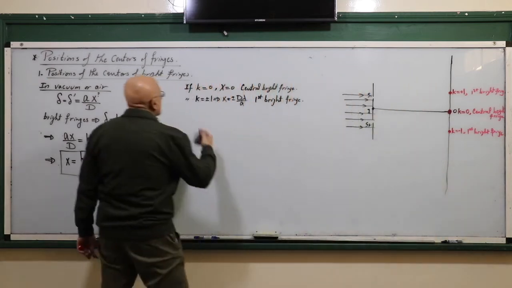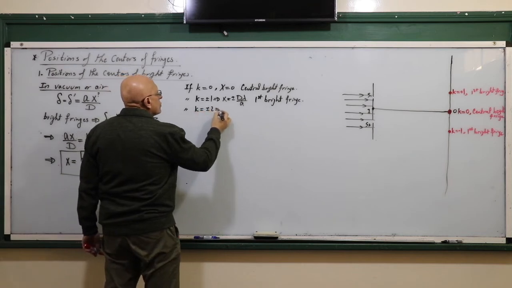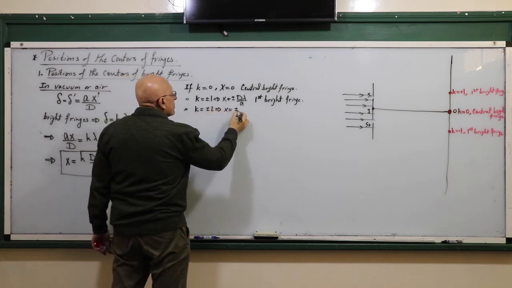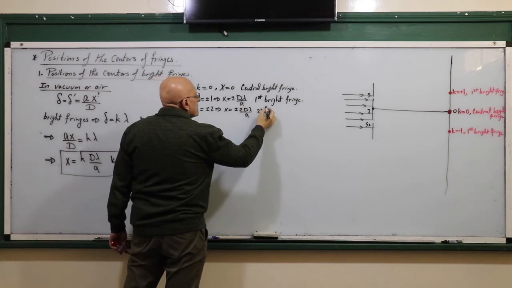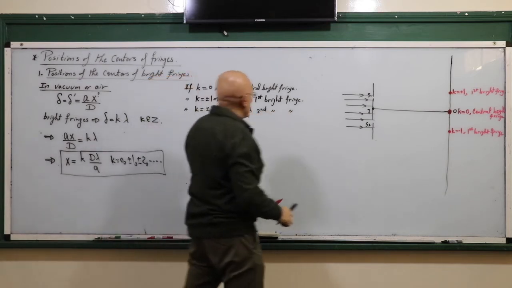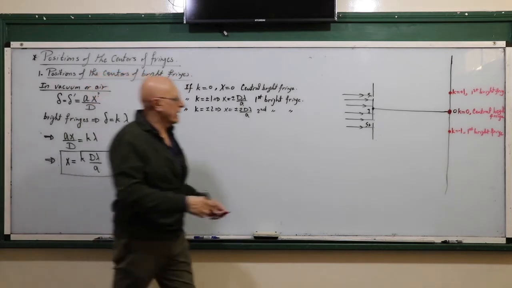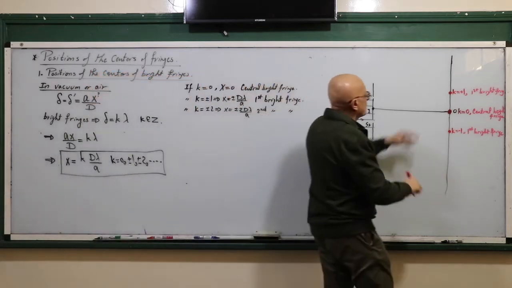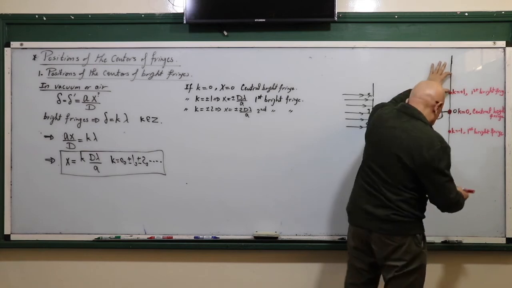k plus or minus 2. Similarly, k equal plus or minus 2, meaning x equal plus or minus 2D lambda over A. This gives me the second bright fringe. So 2D lambda over A, meaning this is D lambda over A, I should move an equal distance.